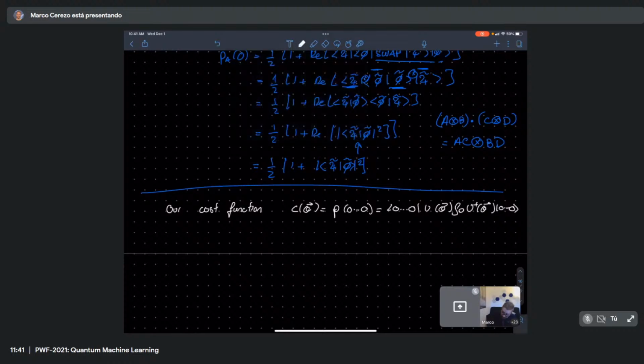And for now, we know that if rho 0 is a pure state, like we've been assuming thus far, this is going to be nothing more and nothing less than the inner product between the all zero state and apply U theta to psi 0.